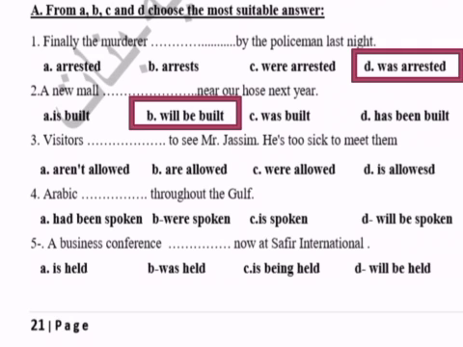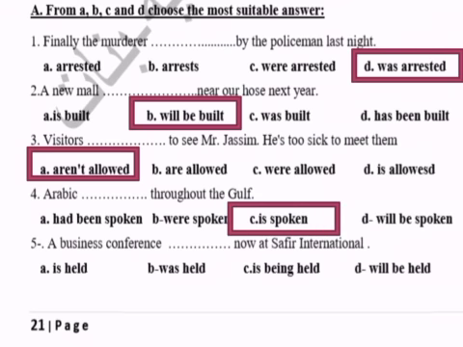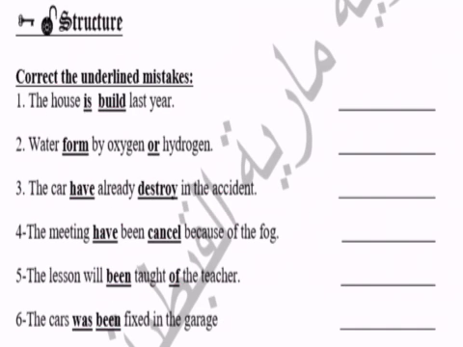Visitors to see Mr. Jassim. He is too sick to meet them. So aren't allowed. Number 4. Arabic throughout the Gulf, so is spoken. And number 5. A business conference now at Safir International, so is being held.